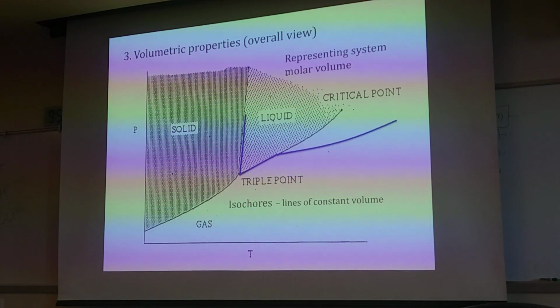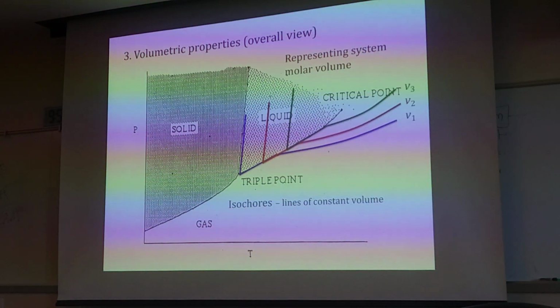So these are odd looking things, but let me put a couple more on here. And these would refer to increasing molar volumes. Now you could imagine if I had a pressure temperature phase diagram and I populated it with a whole set of isochores, that I would have more or less complete information for the volumetric behavior of this material.